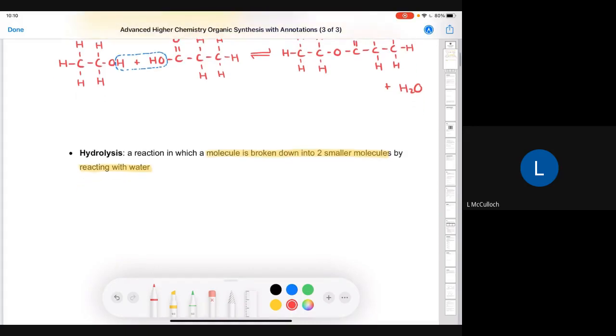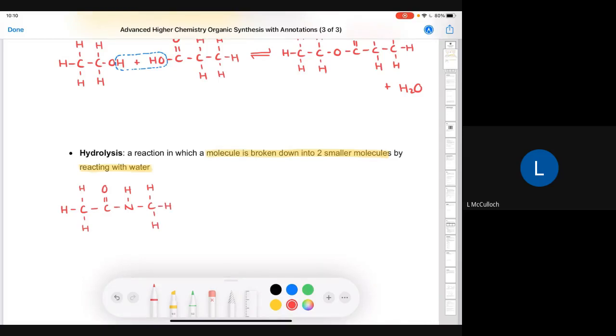So for this, we are going to start with our amide. I'm just keeping it really, really basic.